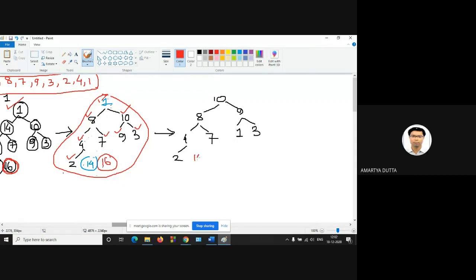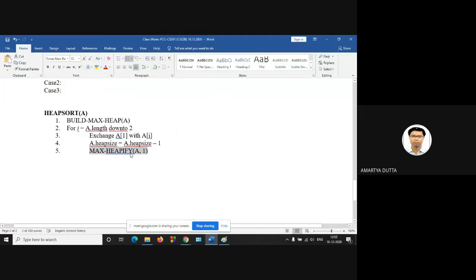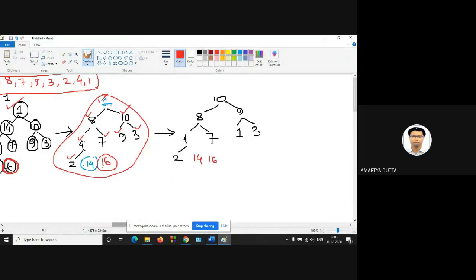So this is 14 dangling and 16 dangling. Now i starting from 8 down to 2, exchange A1 with Ai. So now 2 and 10 will be exchanged.